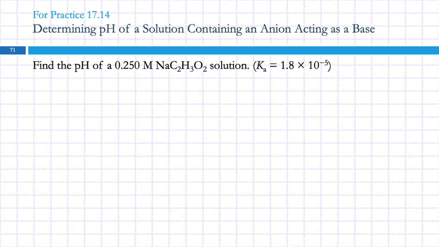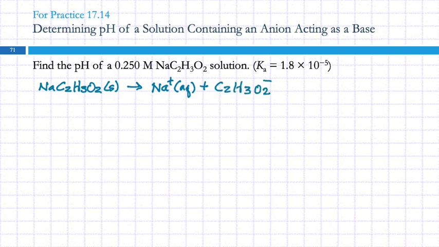So when we dissolve this sodium acetate, that's going to make sodium ions and acetate ions. We should be able to look at this and think this in our heads. We shouldn't need to write it down, but write it down if you need to.